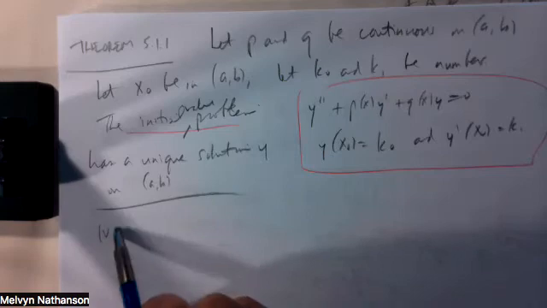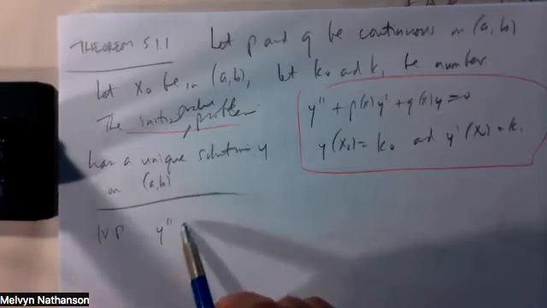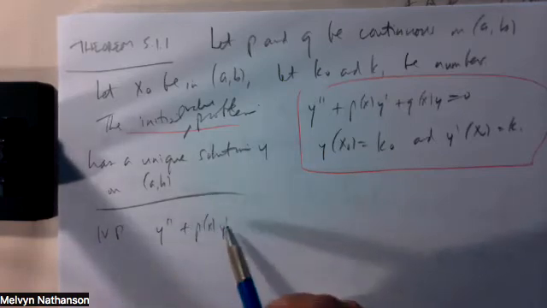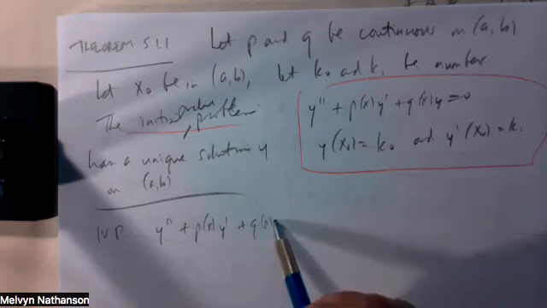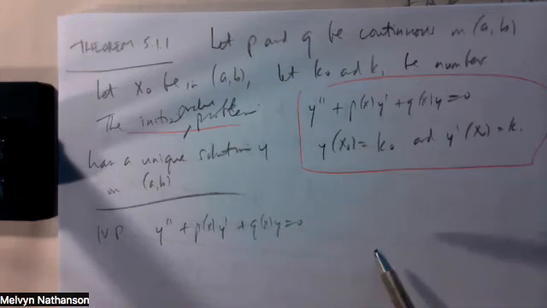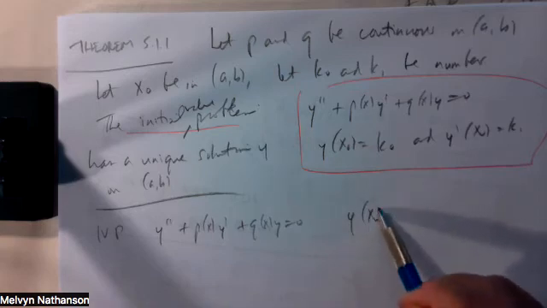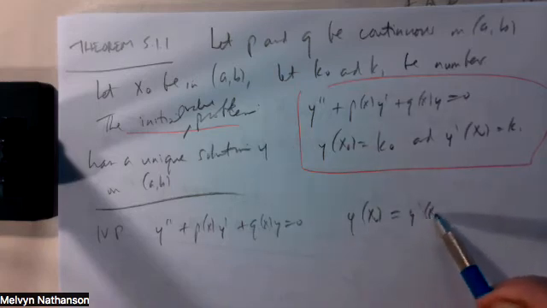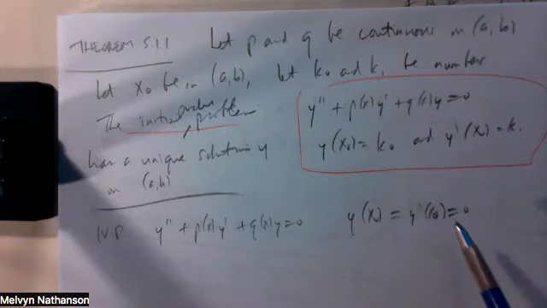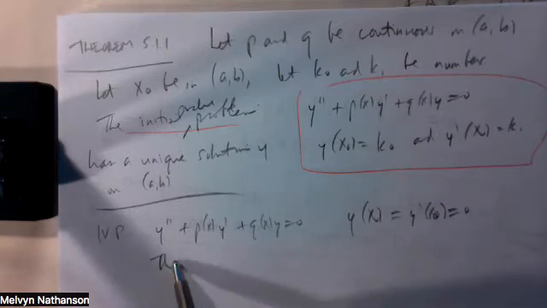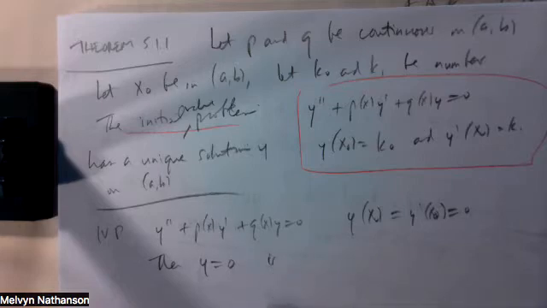Suppose we had the initial value problem, y double prime plus p of x y prime plus q of x y equals 0, and the initial values are that y at x naught and y prime of x naught are both equal to 0. Then the function y equals 0 for all x is a solution, because if you plug in y equals 0, you get 0 equals 0, and y and y prime at every point are 0.